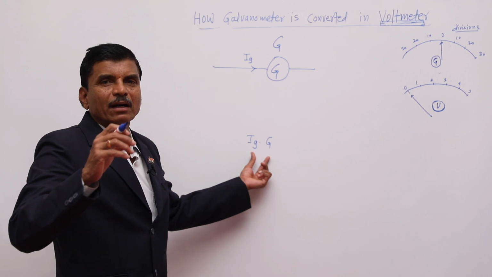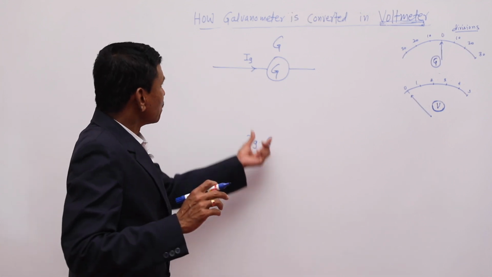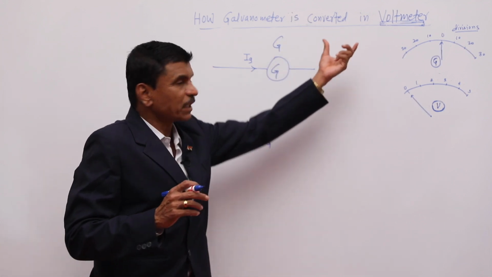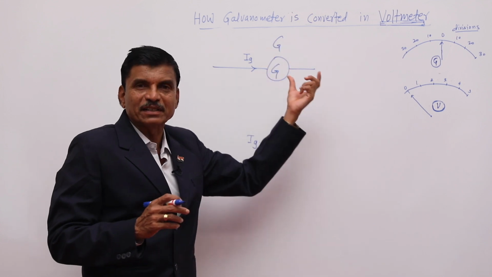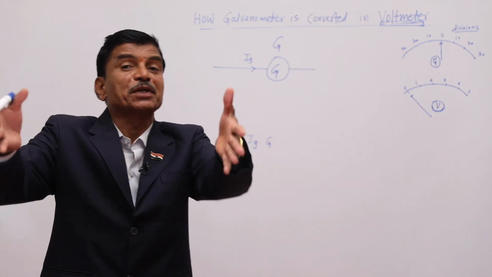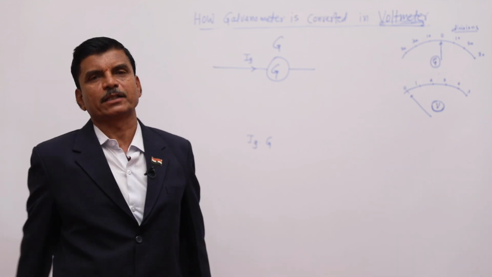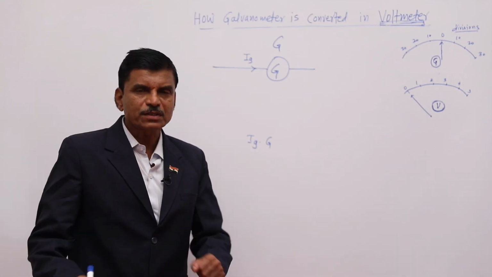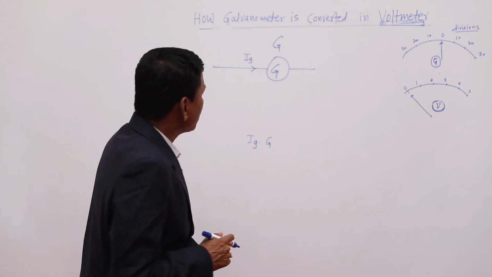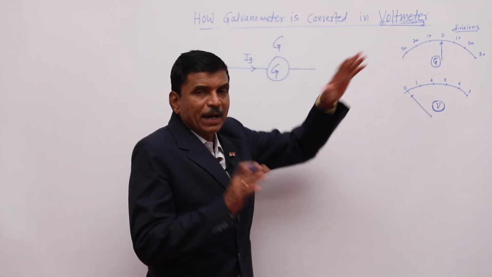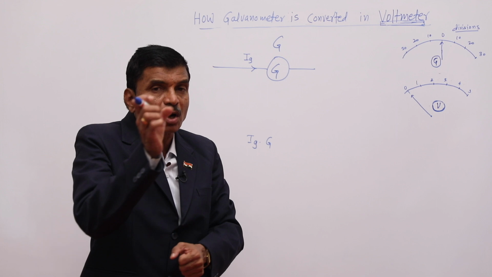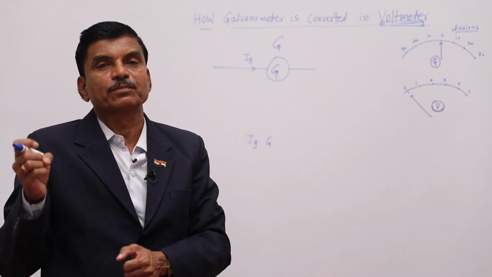By default, if we connect this galvanometer directly as a voltmeter for a large PD, a large current will flow and it will damage the galvanometer. So these are the problems. Actually, when a voltmeter is connected in parallel to the circuit, it should not draw any current from the circuit.